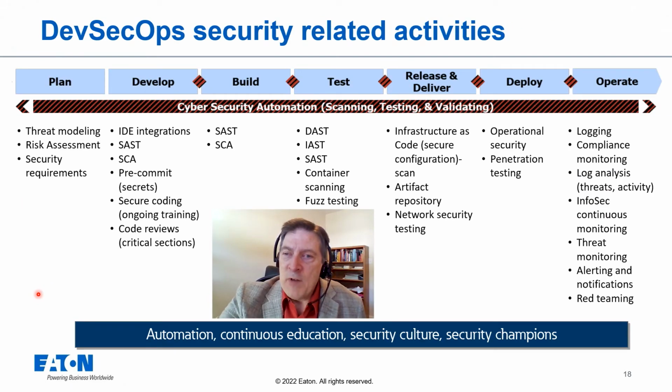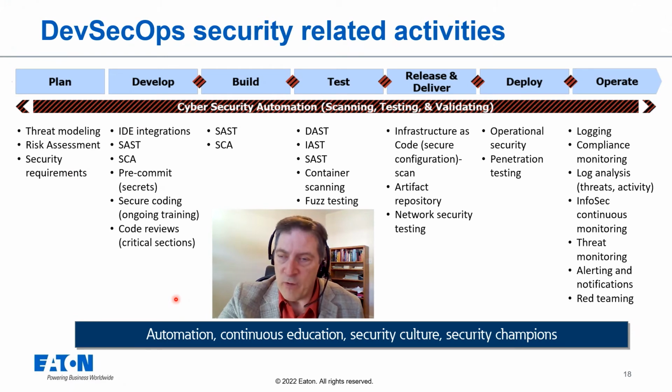So if you look throughout the linear life cycle of the various activities that you would perform, you're doing things like, again, threat modeling, as we talked about, and deriving your security requirements. And as you develop, build, and test, you're leveraging these tools. You're leveraging IDE integrations with your tools, such as making sure your code doesn't have secrets or credentials hard coded in.